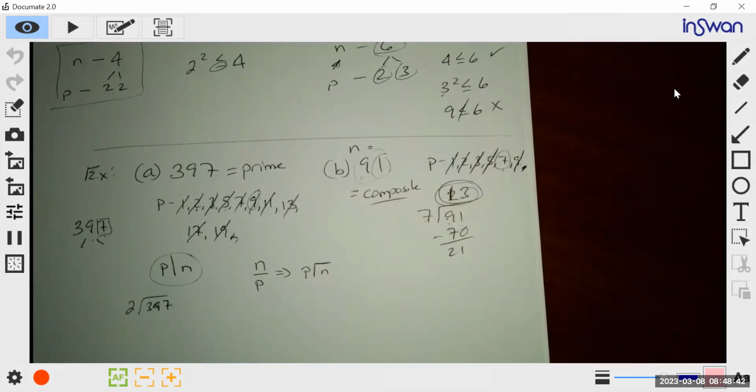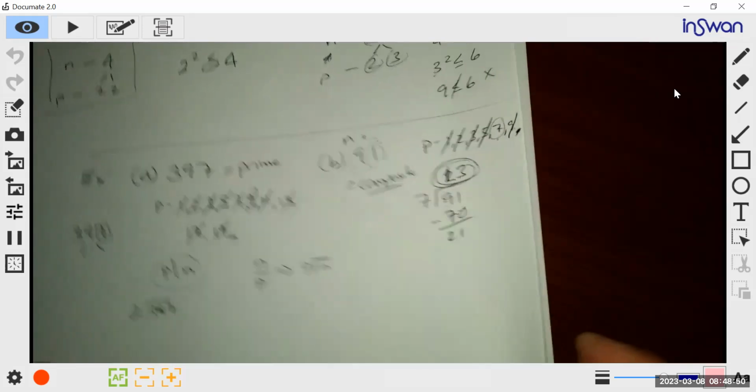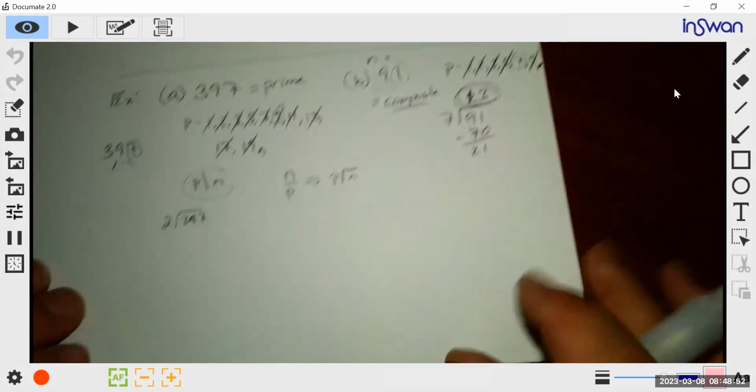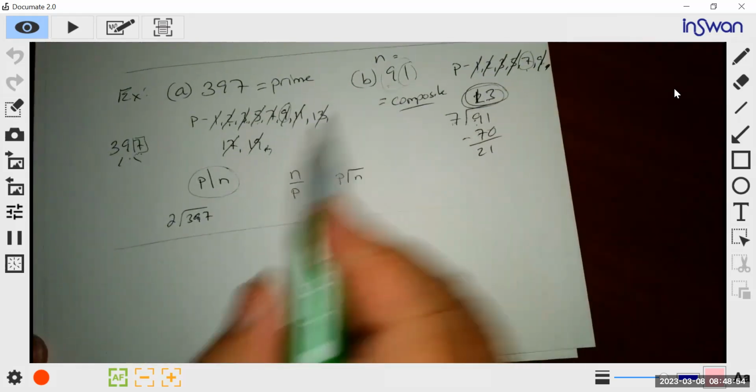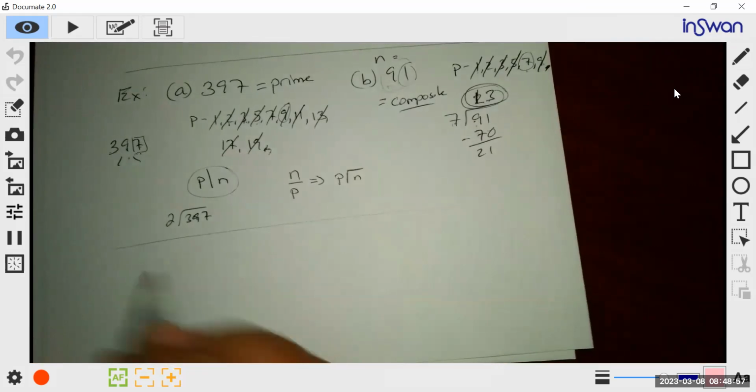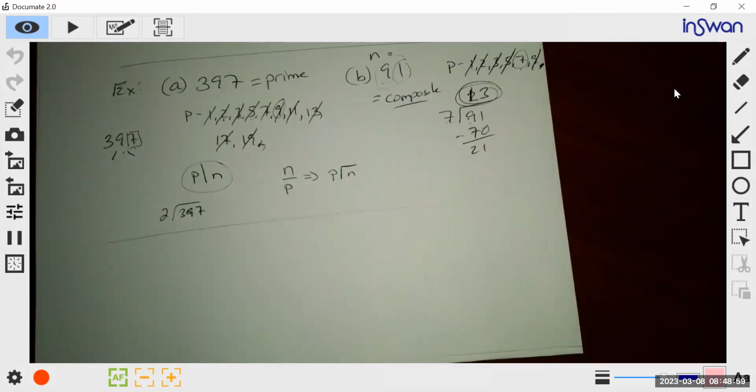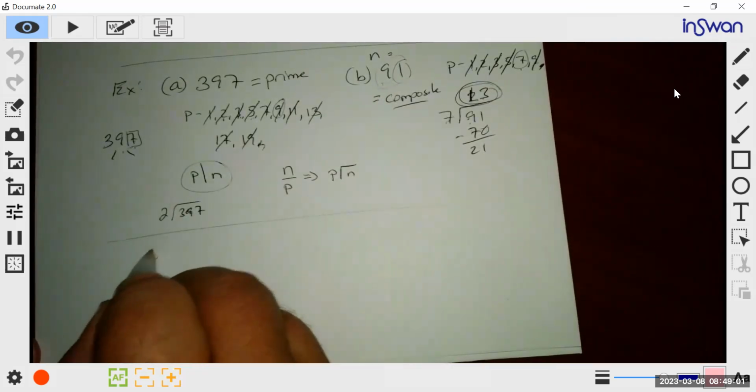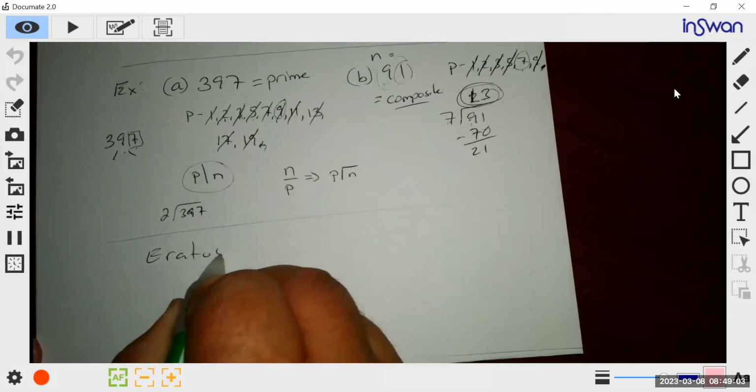That's what that second theorem tells us, that we can look at all those individually, kind of what we just did here. Something similar to that was first discovered by a guy named Eratosthenes.